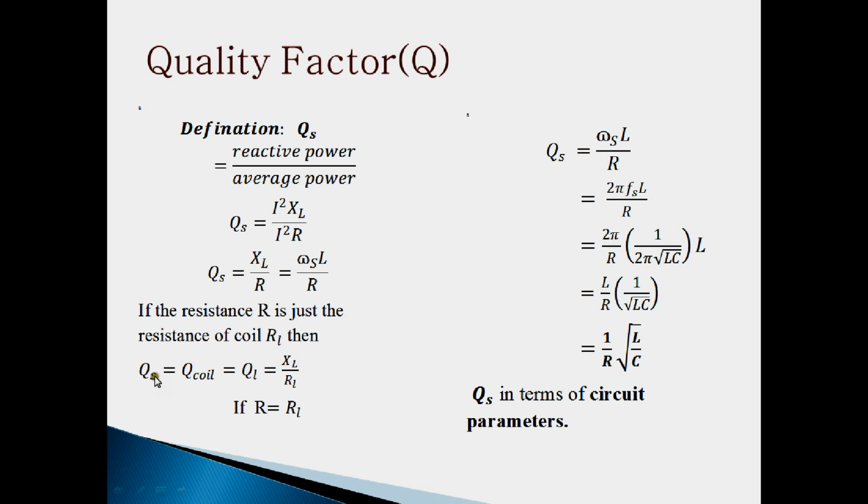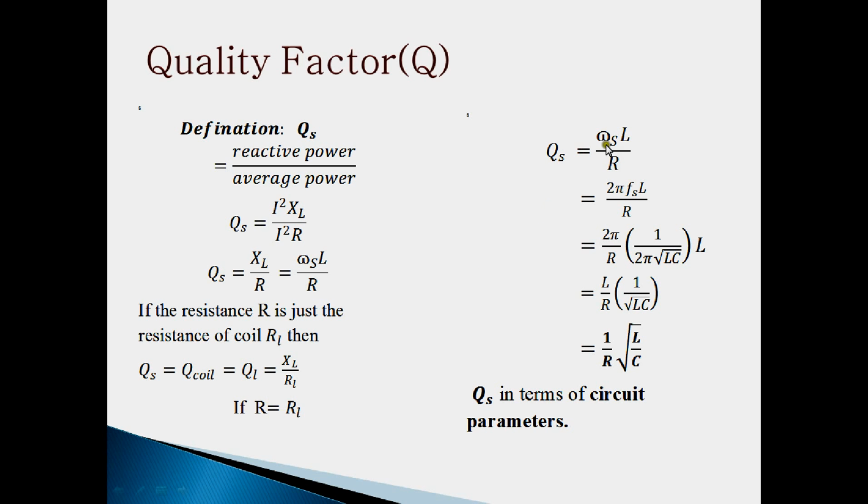At that time, quality factor of a coil is denoted as Q suffix small l, is equal to XL, reactance of inductor, and this R is going to become the internal resistance of the coil. That means the total resistance is equal to RL, internal resistance of coil, because internal resistance of source is 0. So quality factor at resonance is equal to omega s into L divided by R.